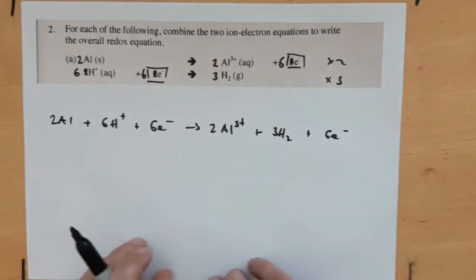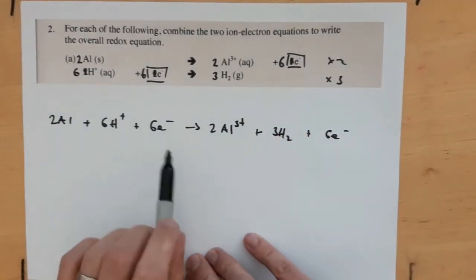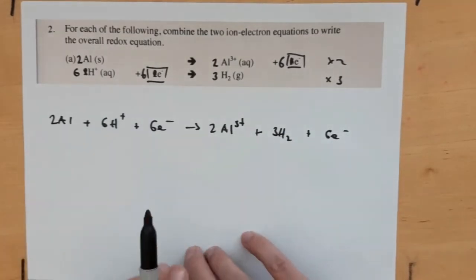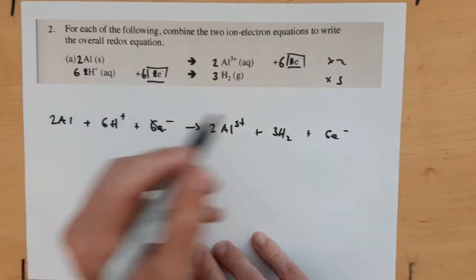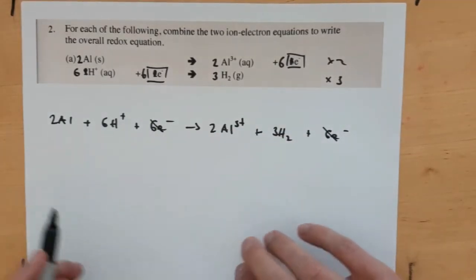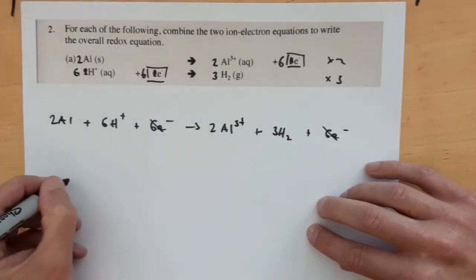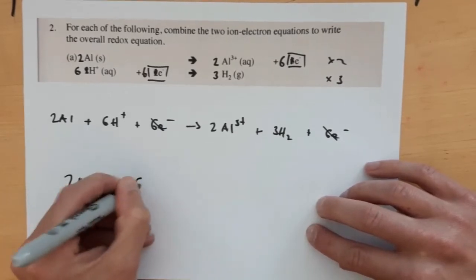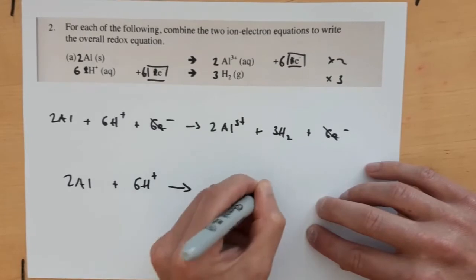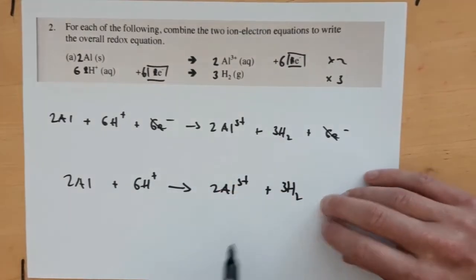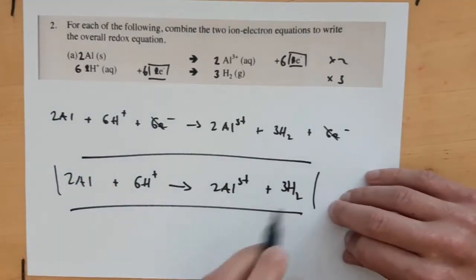But we're not yet finished, because we've got the same thing on both sides of the equation. If we've got the same things on both sides of any equation, we can cancel. So they're gone. To fully rewrite the correct answer: 2Al plus 6H+ goes to 2Al3+ plus 3H2. That is now our final answer.